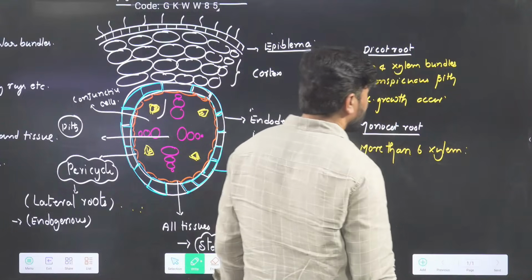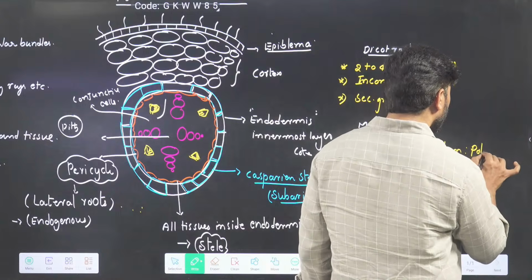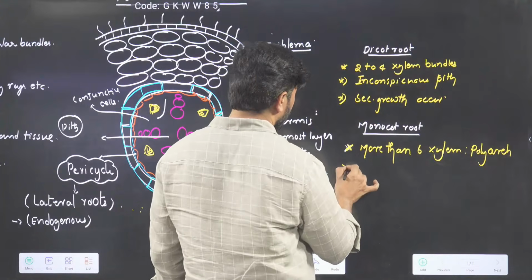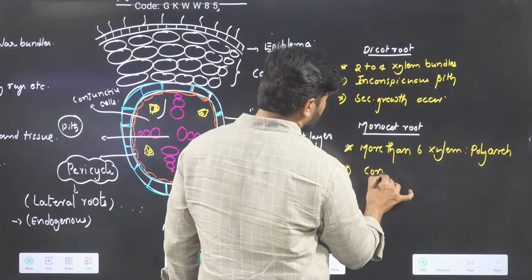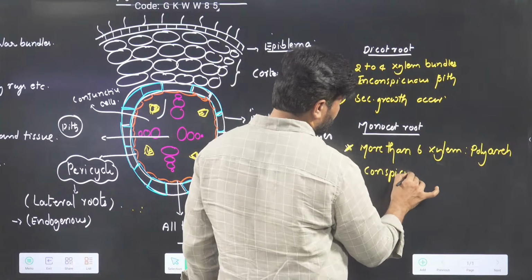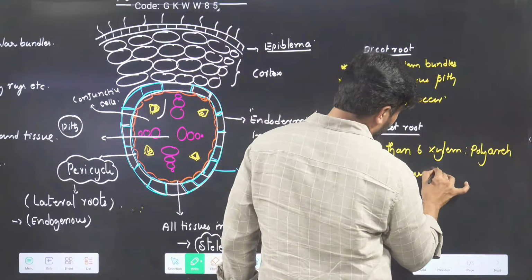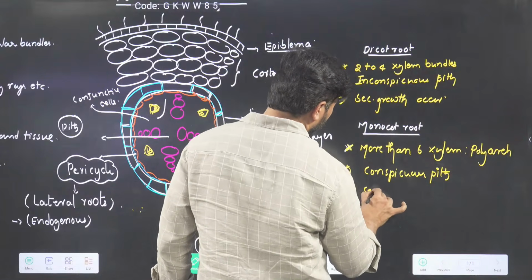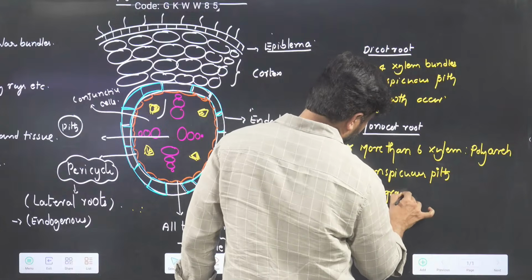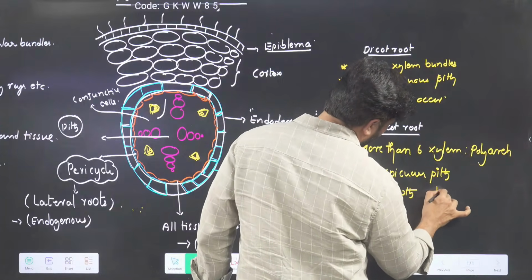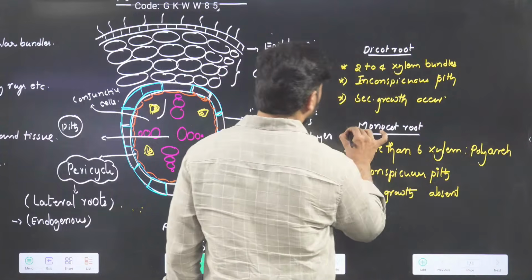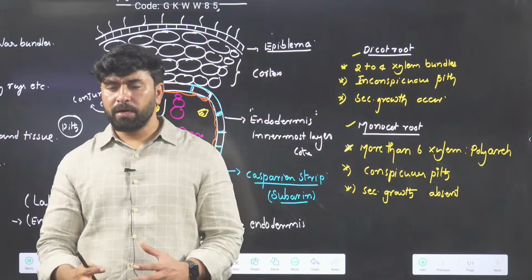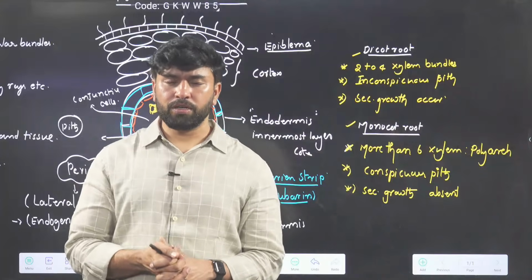This arrangement is called polyarch condition. Next one, conspicuous pith. Next one, secondary growth absent. Remaining all features of monocot root and dicot root will be the same. This is about dicot root and monocot root.